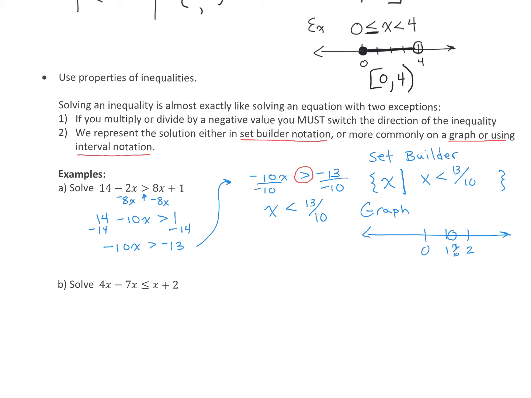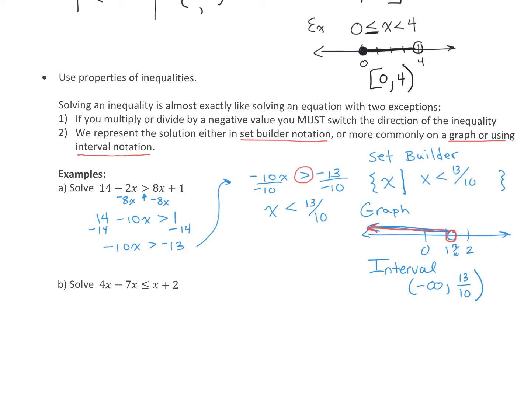Since it's less than, I want it to be an open circle, not colored in. Let me do this in another color. And shade to the left because it's less than. And for interval notation, that would be negative infinity up to 13/10, and because we didn't include it, we're going to put a parenthesis.